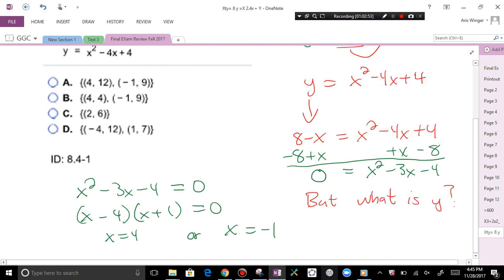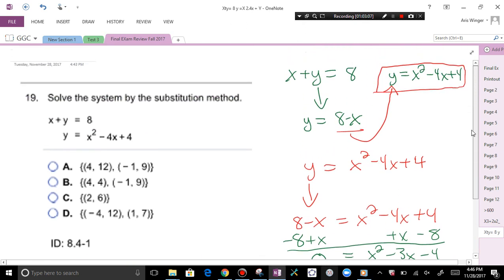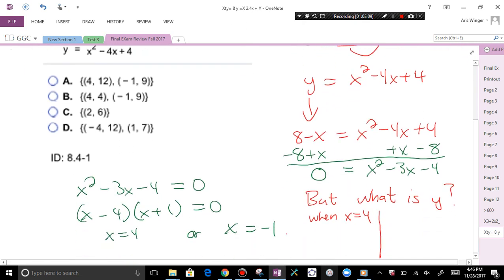This was an equation involving two variables, so it seems like we have some x values. You go back and get the y values for each particular x. So when x is 4, what information do we have? They add up to 8. Since x plus y is equal to 8, y is also equal to 4.